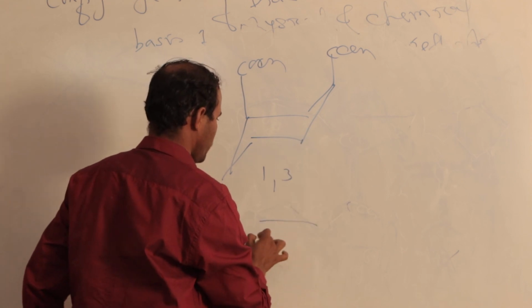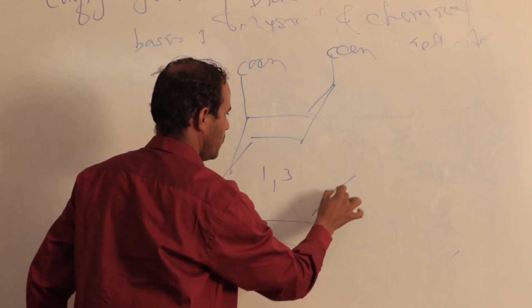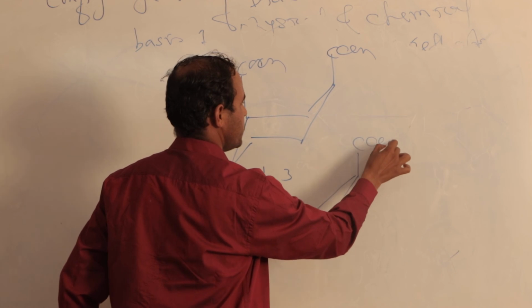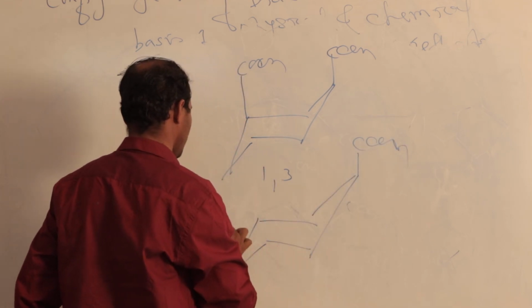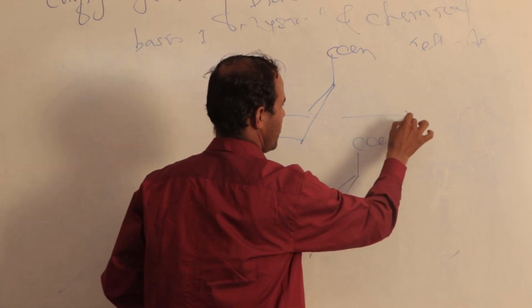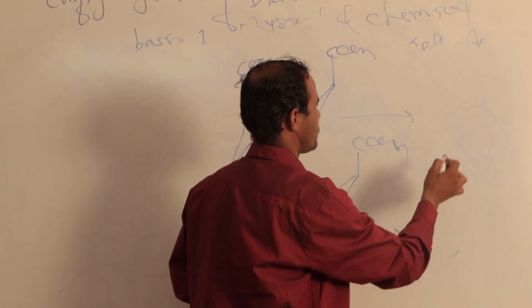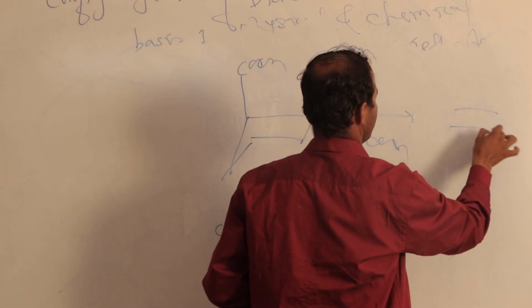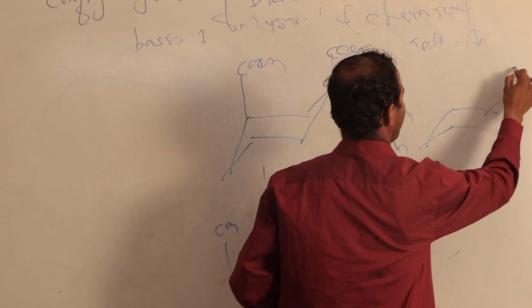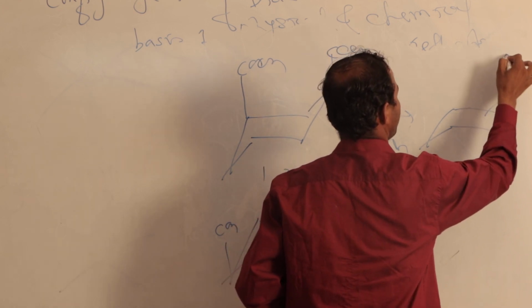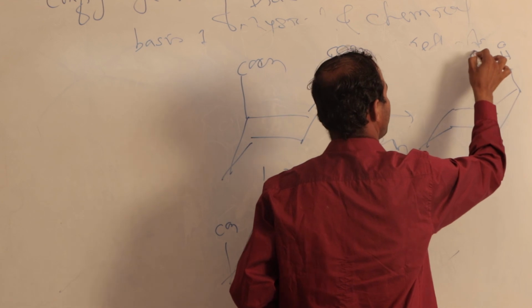Another example is the 1,4 dicarboxylic acid, where a COOH group is present. In those two examples, formation of anhydrides takes place, meaning these two OH groups are present on the same side.